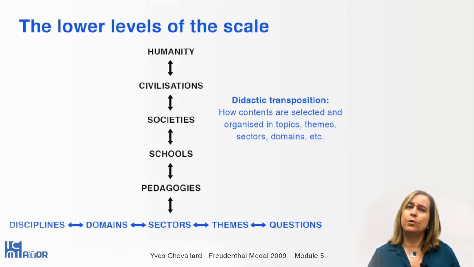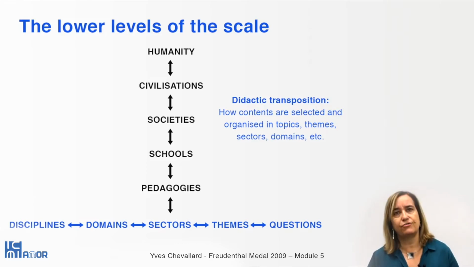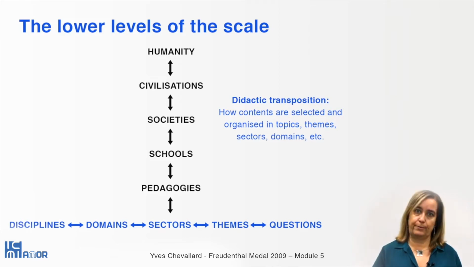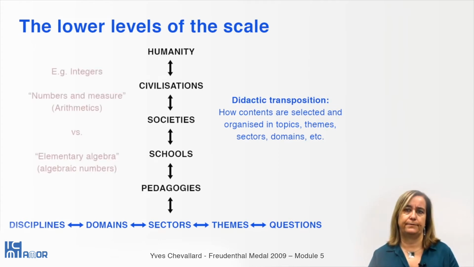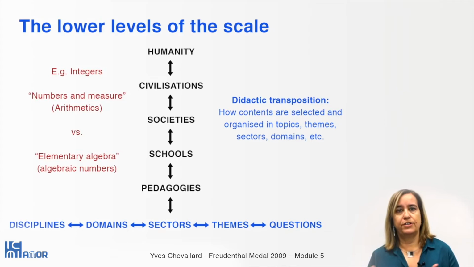When we consider the lower levels of the scale, we can identify different constraints coming from the specific organization of praxeologies in themes, sectors, and domains. Let me give you just a short example. Today, integers, positive and negative numbers, are taught in the sector of numbers of measure, or something similar, in what corresponds to the old arithmetic.